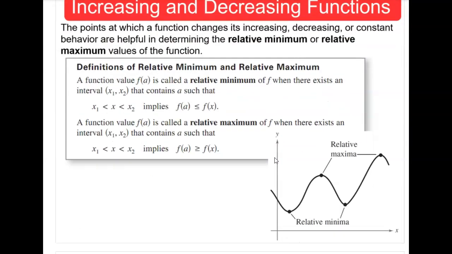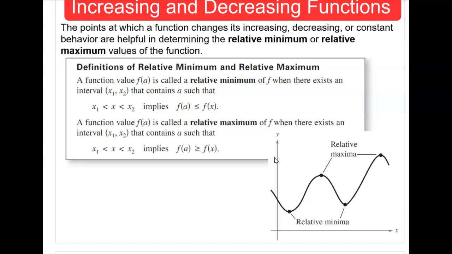Okay, based on increasing and decreasing, remember I told you those points where it changes, in calculus we call them critical points. For this class, and in fact, you will use that language in calculus too, we call them the relative minimum or relative maximum.